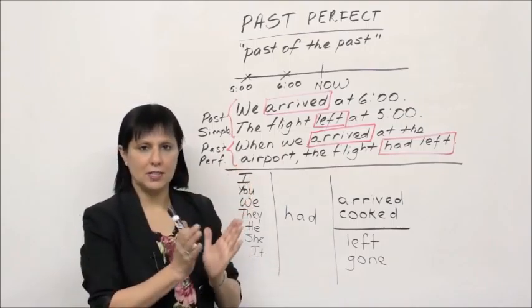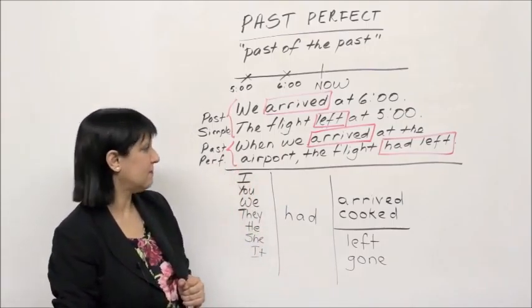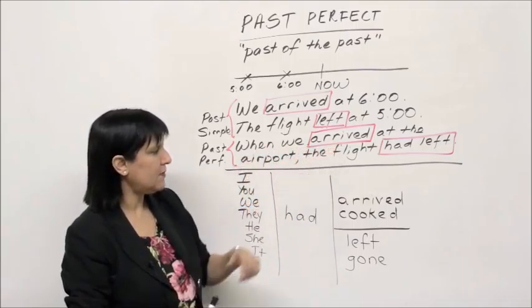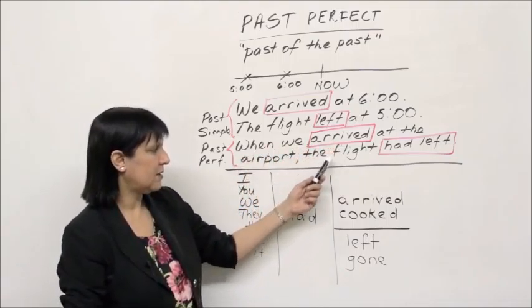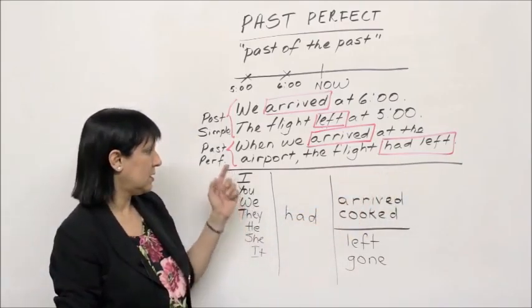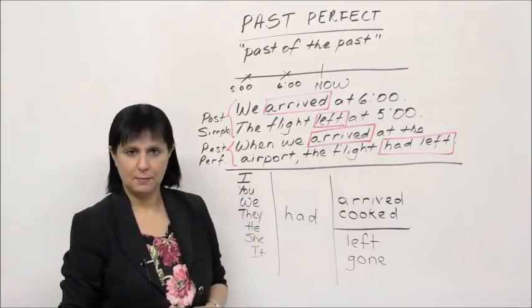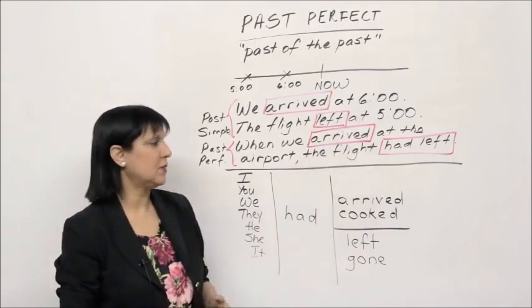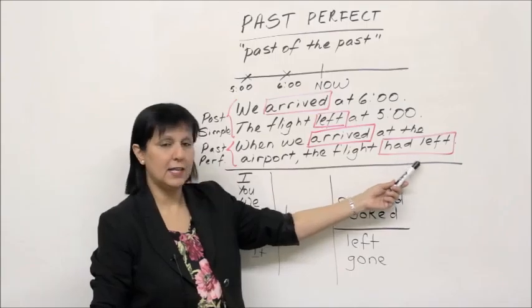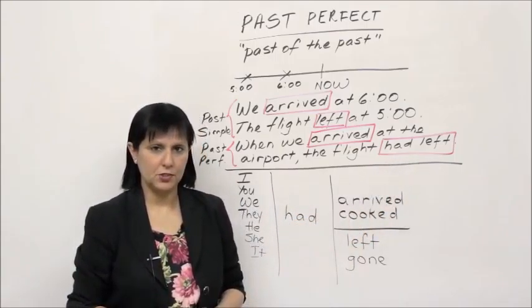If we want to connect these two events, then we could say something like this. When we arrived at the airport, the flight had left. All right? When we arrived at the airport at 6 p.m., we discovered that the flight had left at 5 p.m. So what happened first?